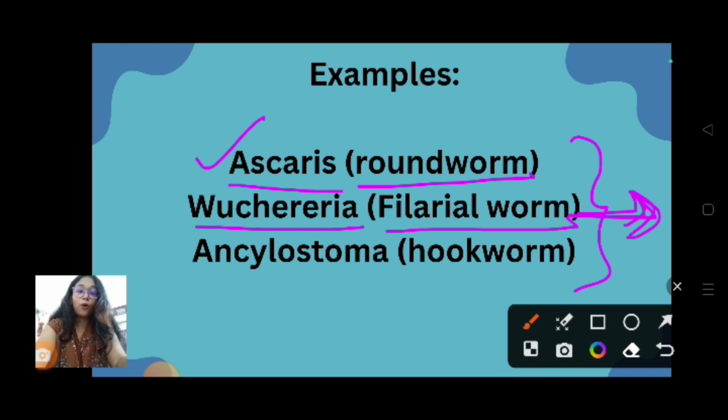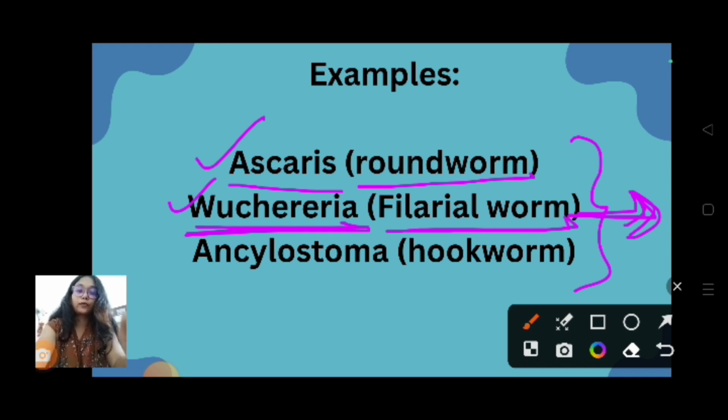There is a disease called elephantiasis. Your legs become like an elephant's foot. You can see it on Google. This contributes to that particular disease, elephantiasis, and is known as Wuchereria, the filaria worm.